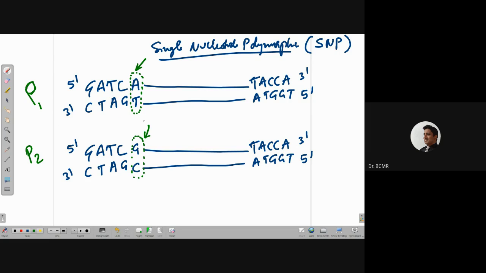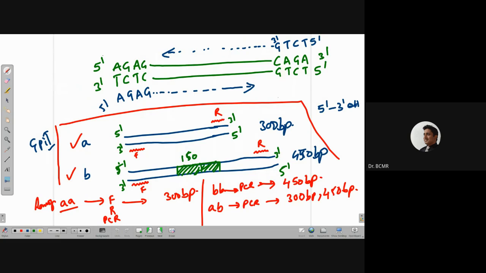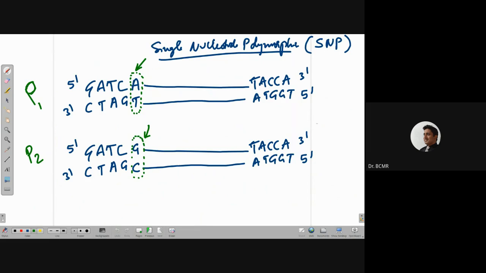Unlike in the previous case, where we used size as a molecular marker, we cannot use size here, because the length of the gene or fragment is the same. The only difference is this SNP.